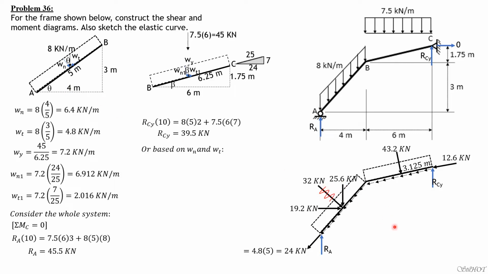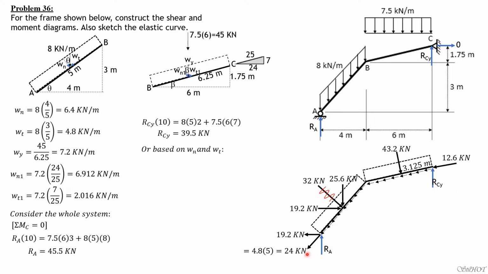So we remove 32 and replace it by its horizontal and vertical components. While for 43.2, the horizontal component going right is 43.2 times 7 over 25, and the tangential load of 24 kilonewtons here is resolved into horizontal and vertical components.